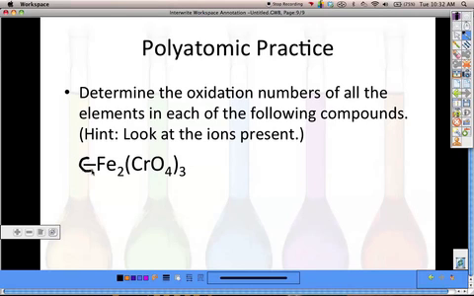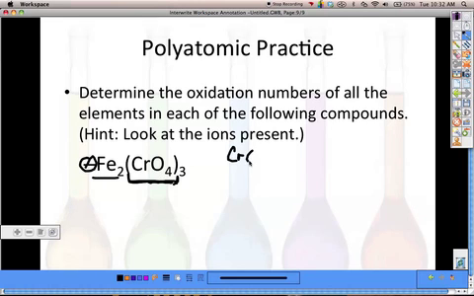Please note that this negative doesn't actually mean anything there, it's just our example. So we're going to be looking for the iron, and we want to look for what that is overall. To be able to do that, we need to figure out what's going on with the chromate overall.